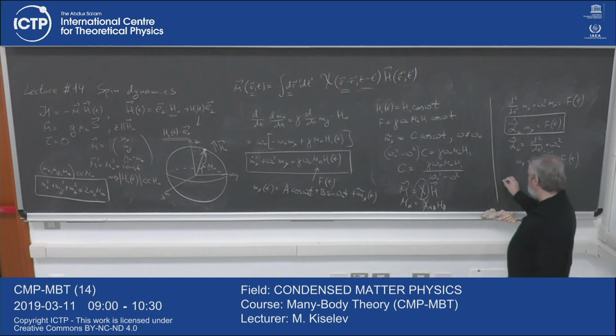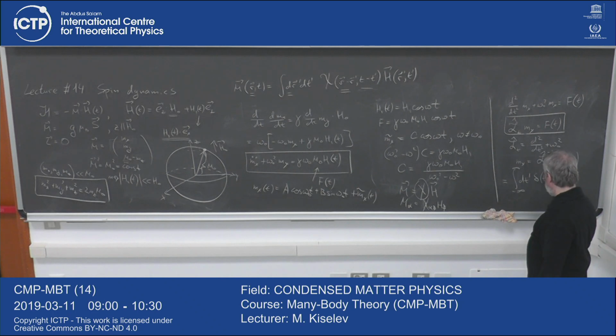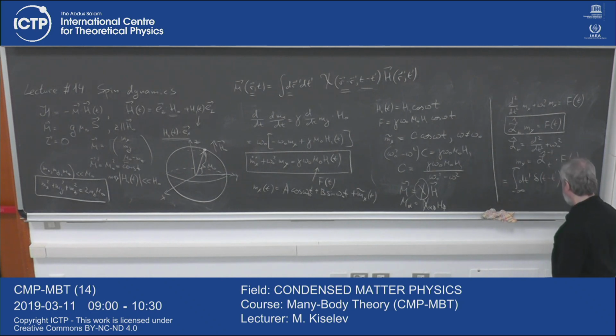Or I can write it down as an integral from minus infinity to infinity dt prime, delta function (t minus t prime), L minus 1 (t prime), f(t prime). Okay?